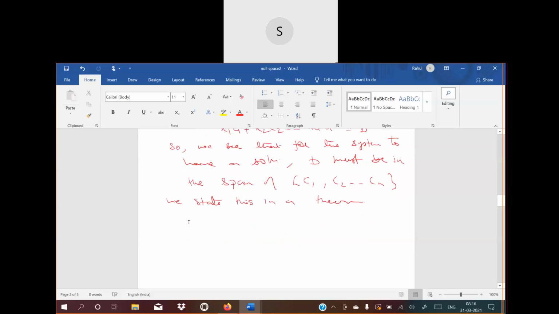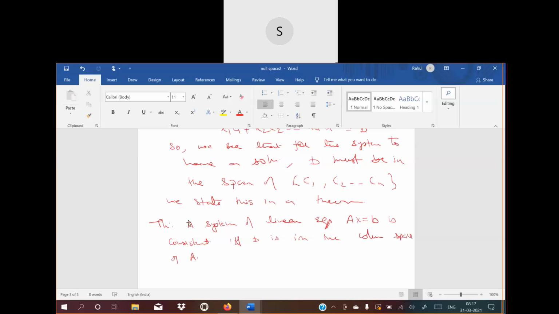There is a theorem which says a system of linear equations Ax equal to B is consistent if and only if B is in the column space of A. This theorem has a proof also, and you can find that in some book.